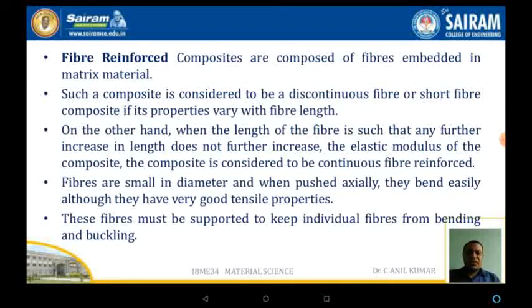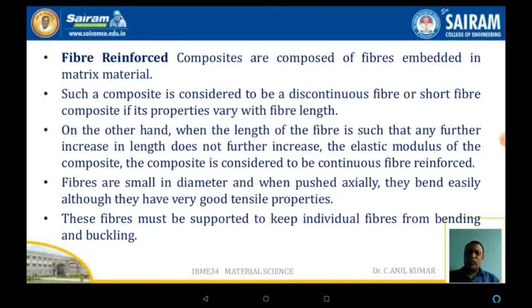If it's discontinuous, normally short fibers are used as a supporting material. If it's continuous, long fibers which run in meters are used as continuous fibers. These continuous fibers can be used as fibers or even rolled as mats.